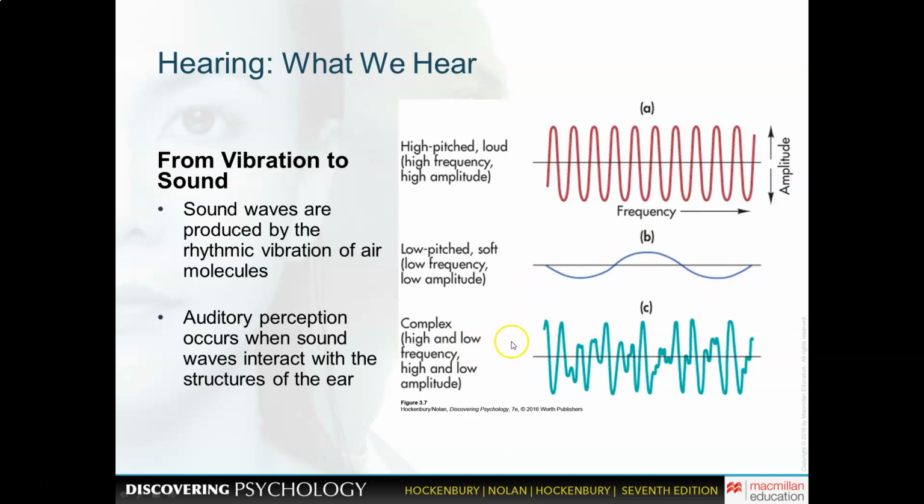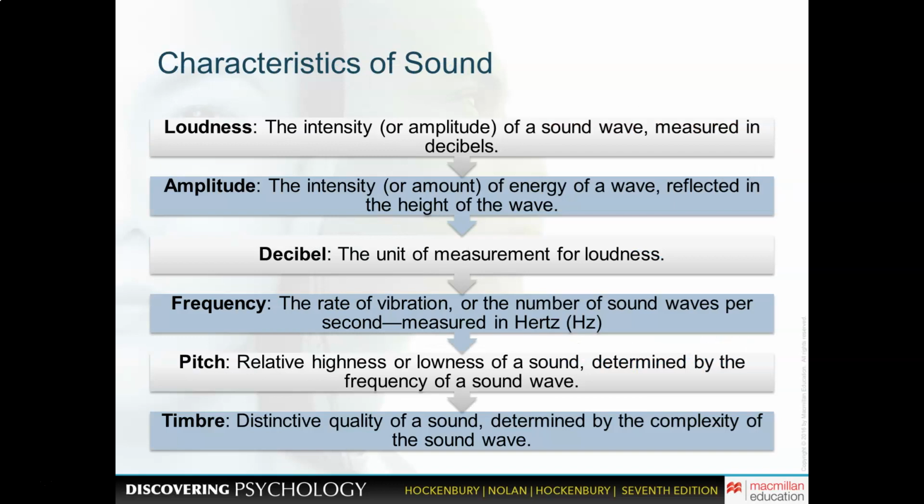But a musical instrument, or any sound, can be complex, with some high and low frequencies, and that helps us perceive a different sound. So just be aware of those, please.